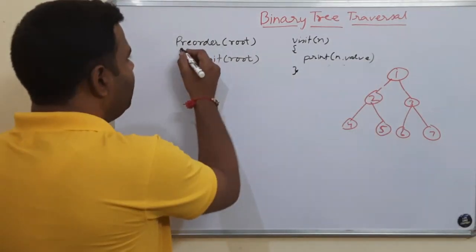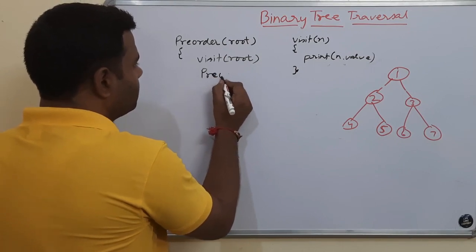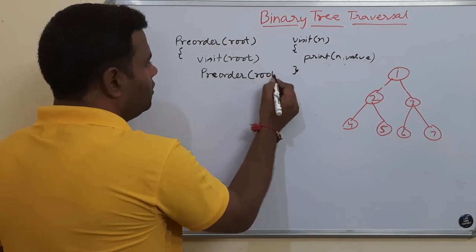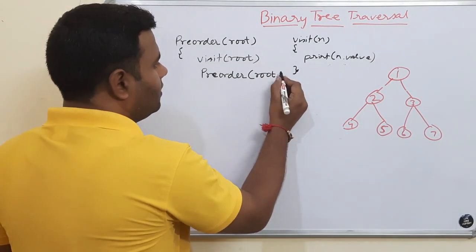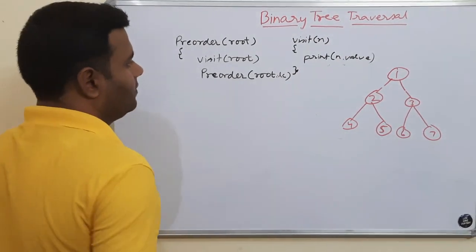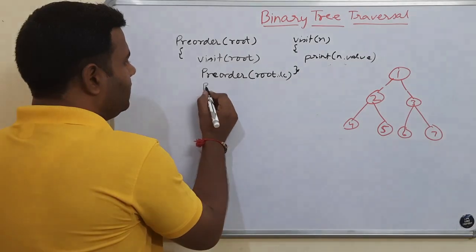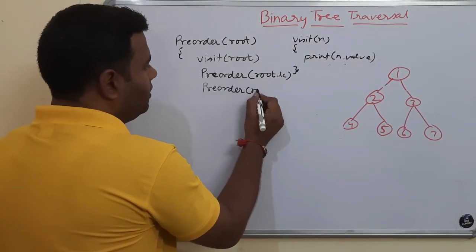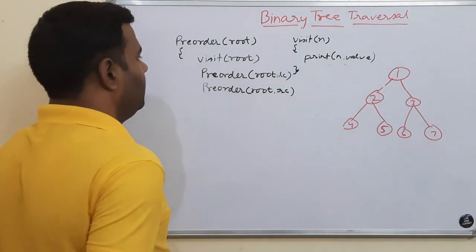If we call this function recursively, which is basically preorder of root dot left child, and then once this is done, then preorder of root dot right child.